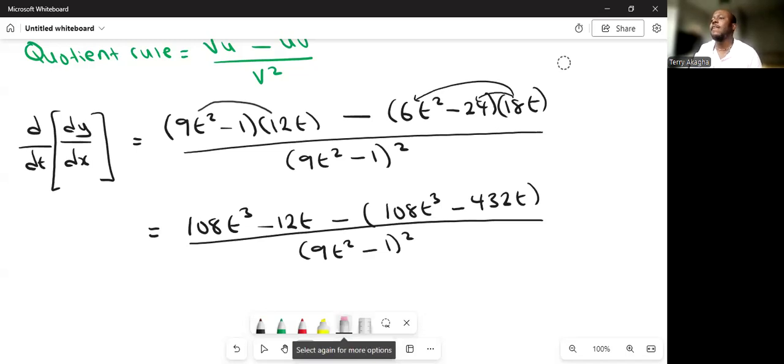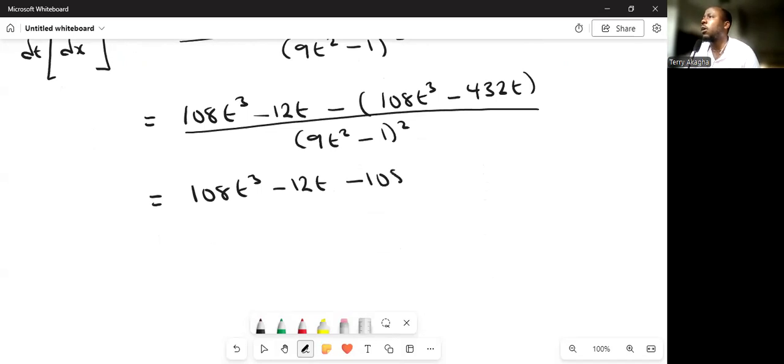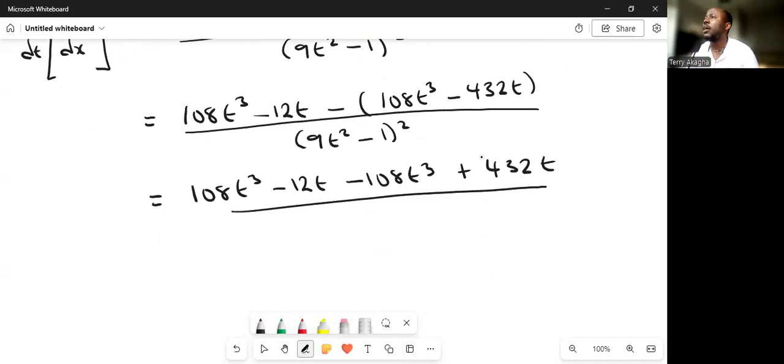Then the next part is we open the bracket, so it gives us 108t cubed minus 12t minus 108t cubed, because minus times minus will give us plus 432t, all divided by 9t squared minus 1 all squared.